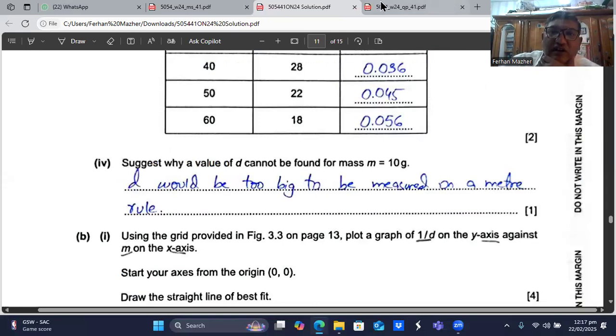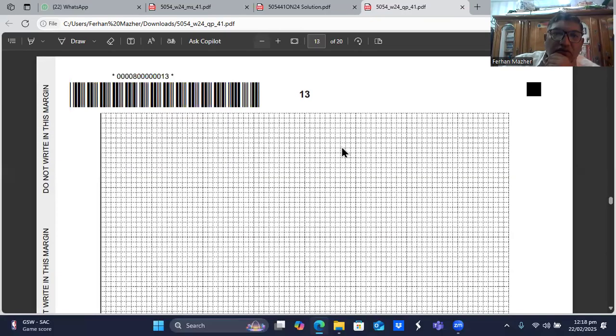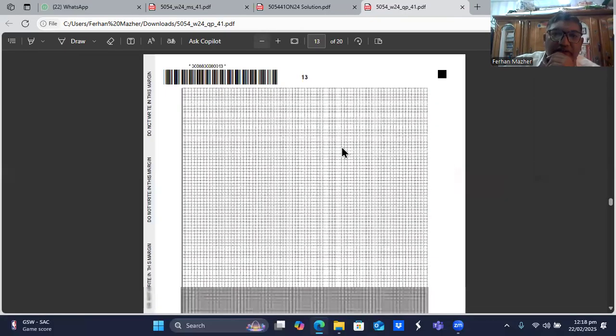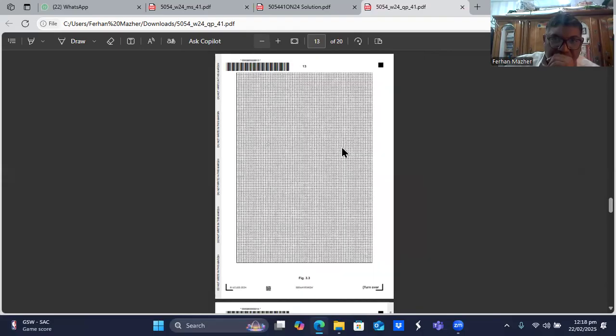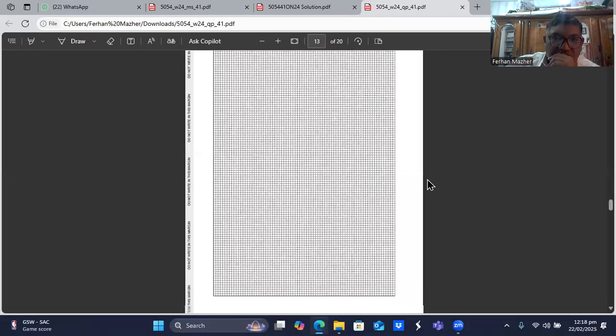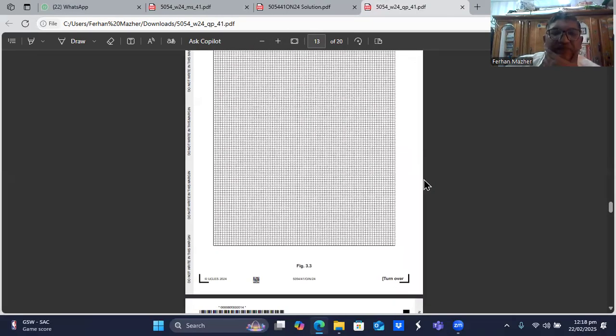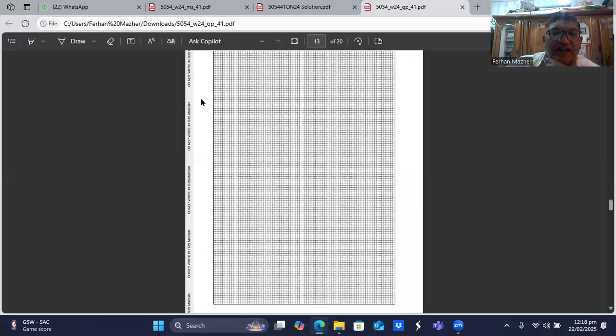So let me show you. I can show you the graph here. Let me reduce the size so you can see the whole thing. So this is figure 3.3. The graph is given. On the y-axis, we have to take the value of 1/D.